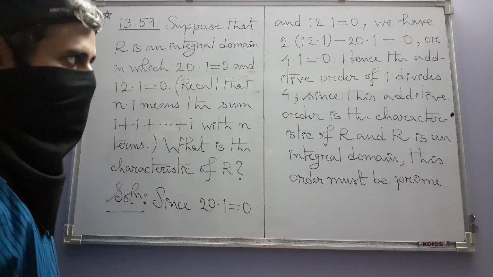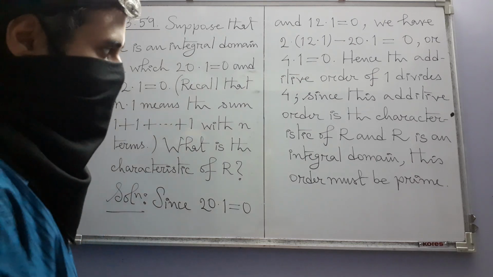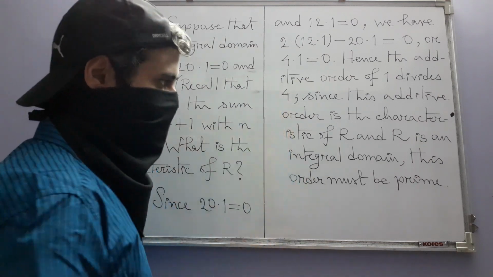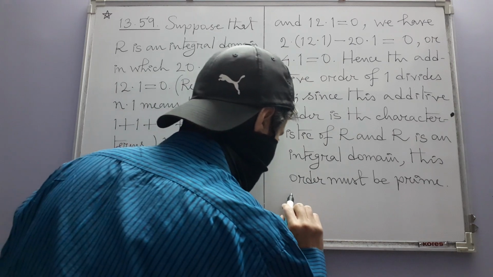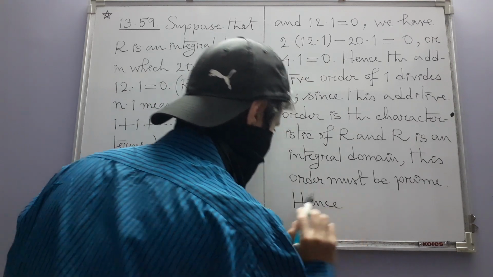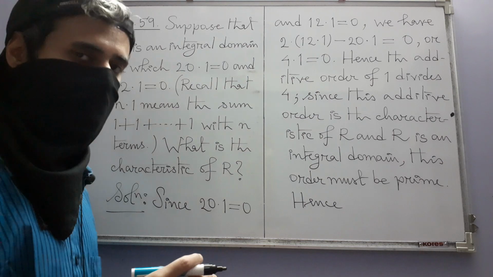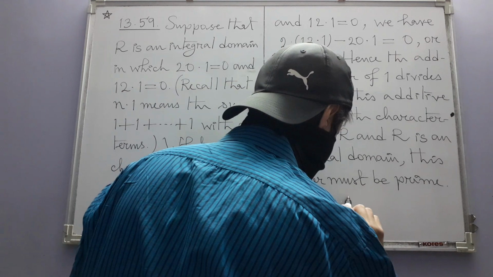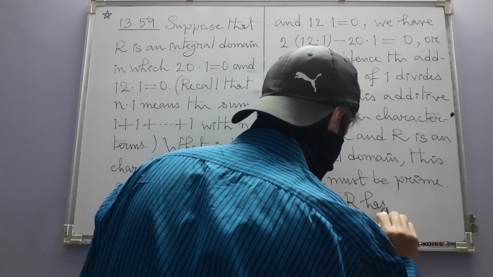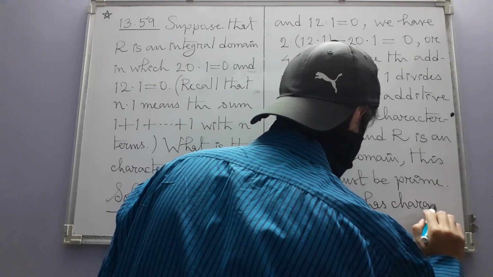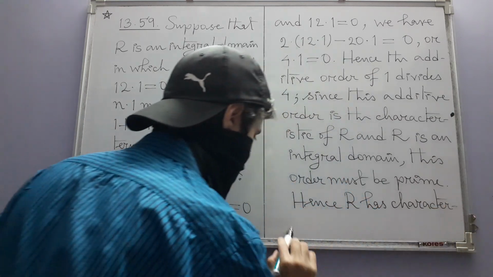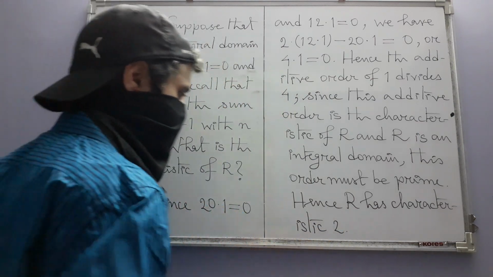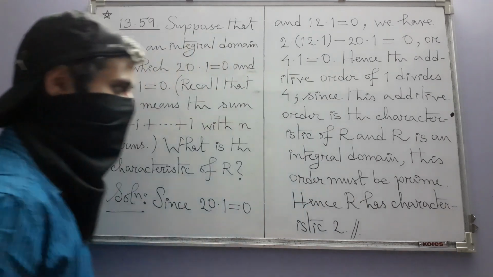It is either 0 or prime, but of course it's not 0, so it has to be a prime. And there is only one prime that divides 4, and that is 2. Hence the additive order of 1 will be 2, and hence the characteristic of R is also 2. We can just directly write, hence R has characteristic 2. So that's how we have found the characteristic of R.